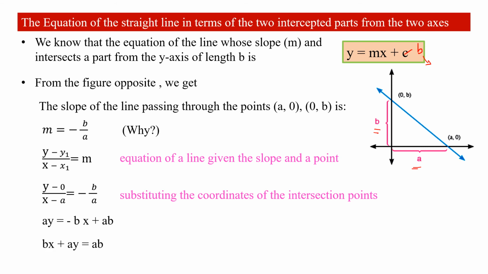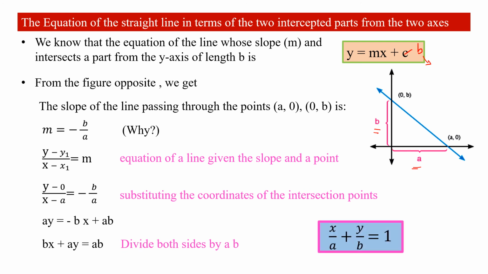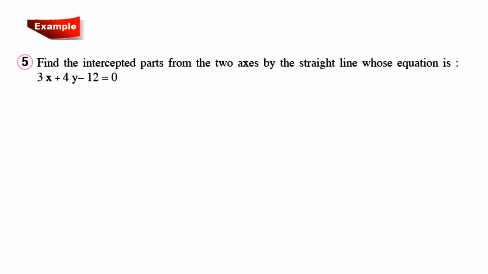So we have bx plus ay equals ab. Divide both sides by ab: b cancels with b, a cancels with a, so we have x over a plus y over b equals 1. So we can find the equation by using the intercepted parts from the two axes.